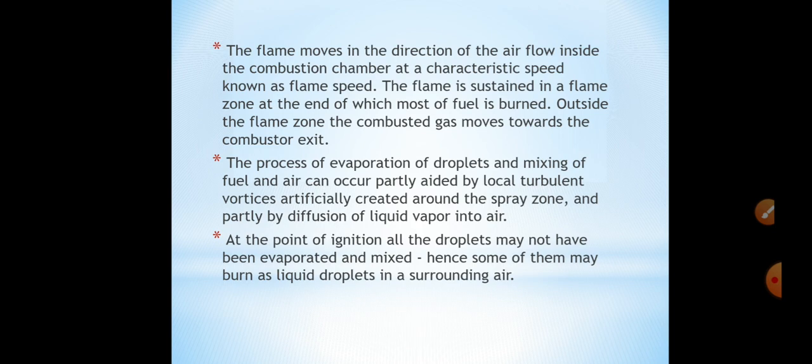The process of evaporation of droplets and mixing of fuel and air can occur partly aided by local turbulent vortices artificially created around the spray zone, and partly by diffusion of liquid vapor into the air. At the point of ignition, all the droplets may not have been evaporated and mixed. Hence, some of them may burn as liquid droplets in surrounding air.